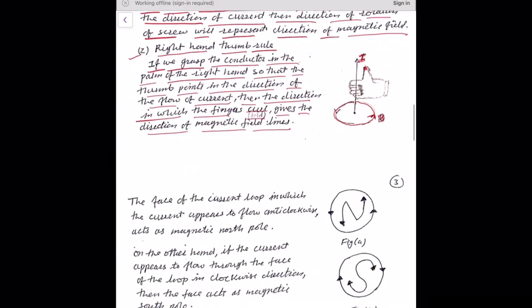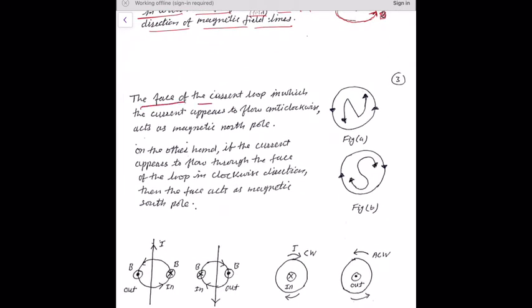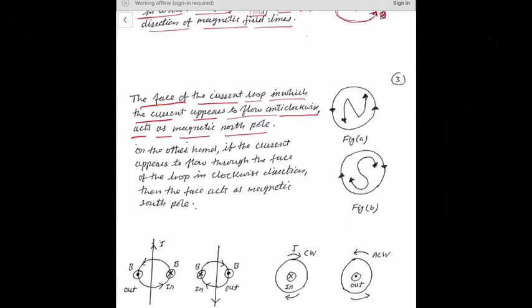Next, the face of the current loop in which the current appears to flow anti-clockwise acts as magnetic north pole. The current in this direction, means anti-clockwise, so the face of the loop represents N pole.